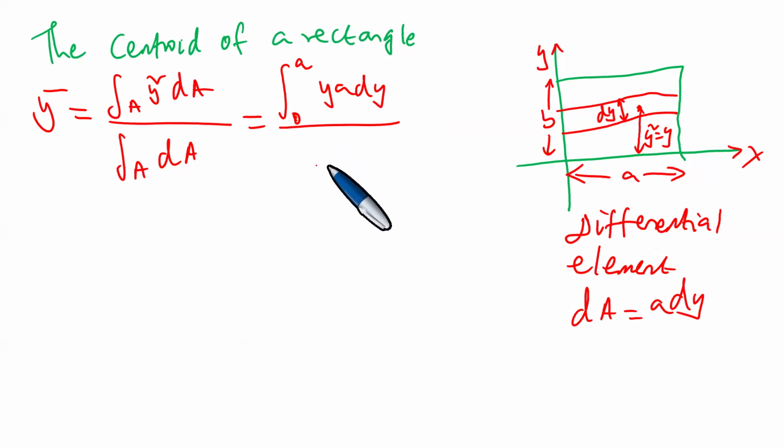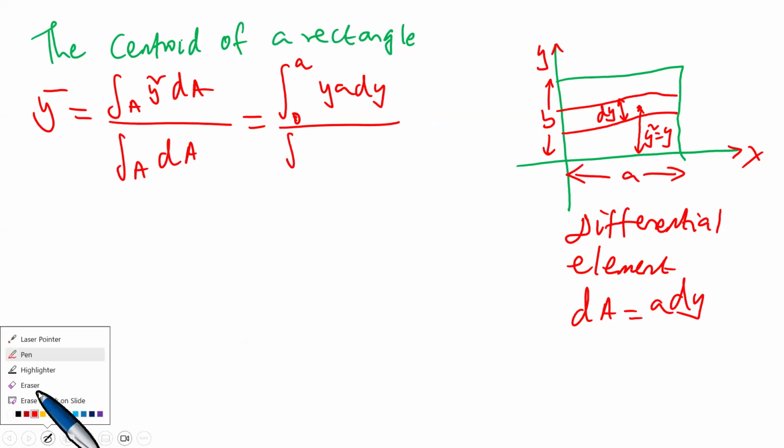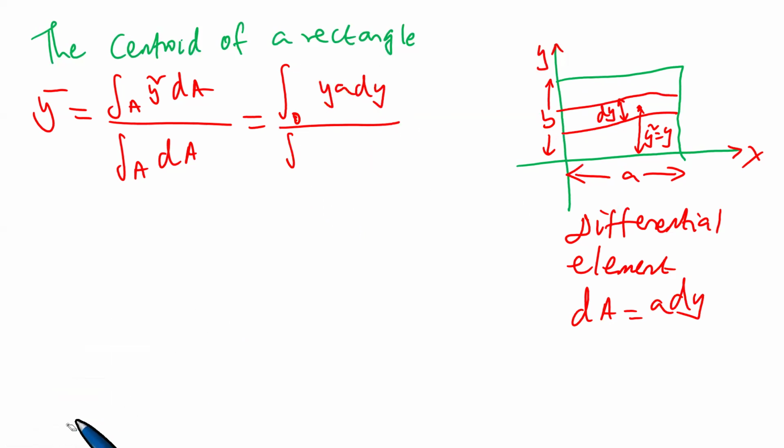Now, it's 0 to b because it's dy, so y goes from 0 to b. You need to make this one 0 to b, and this one is also 0 to b, and the differential element is the width, which is a dy.